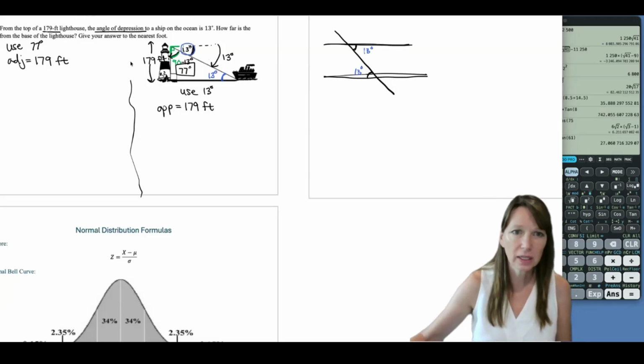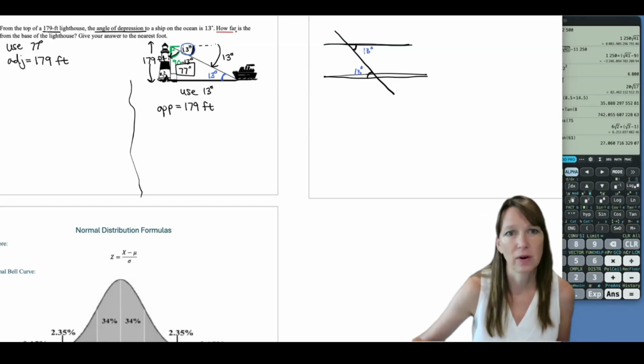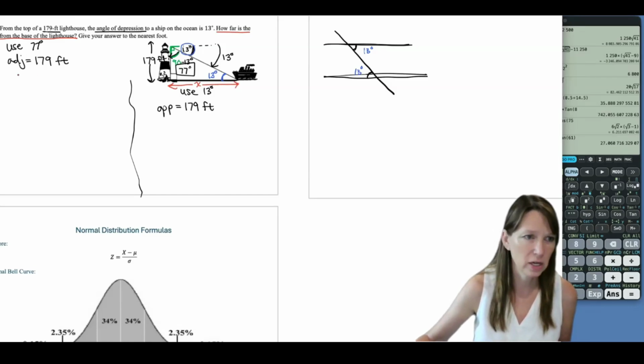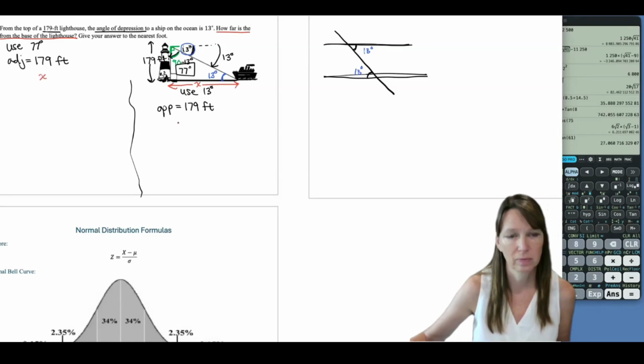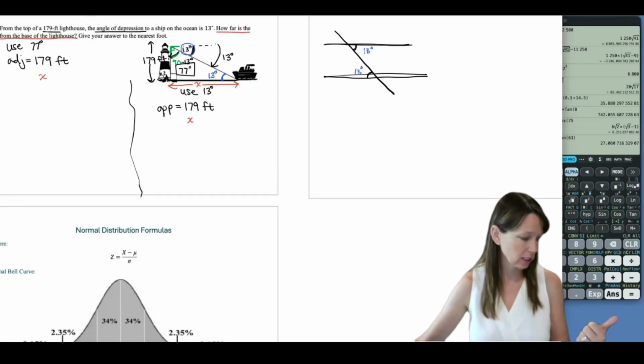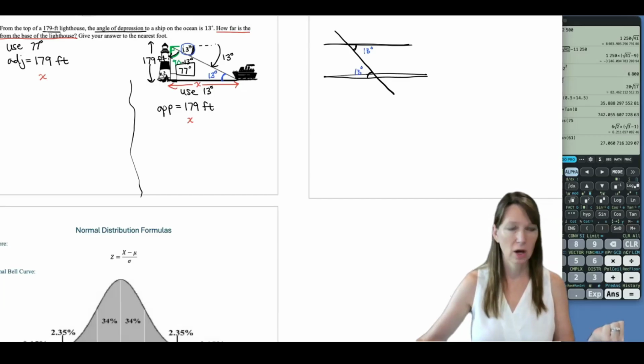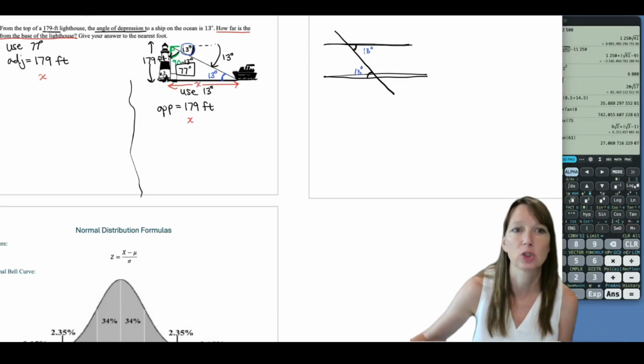The other thing is we have to figure out what is the other side that I want to know. And they are asking how far is this ship from the base of the lighthouse. So they want to know this horizontal distance. So if I want to know X, I need to label that with a word. Is that hypotenuse, opposite, adjacent? Again, that changes based on angles.